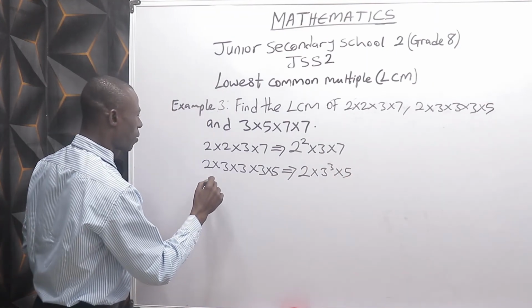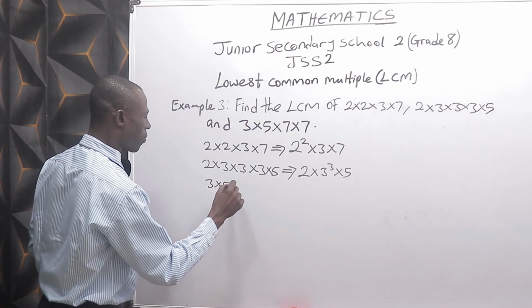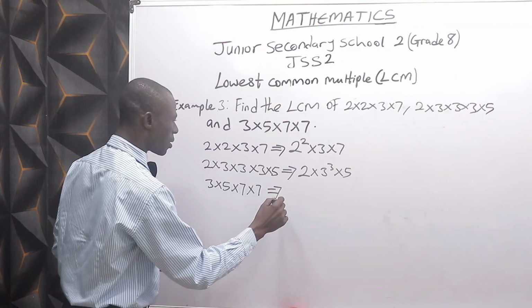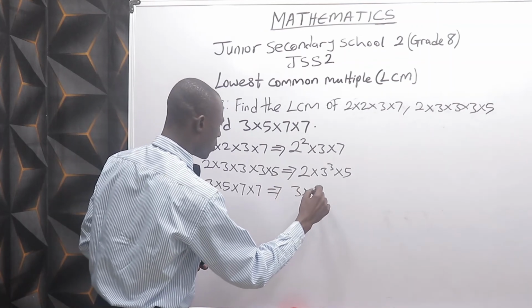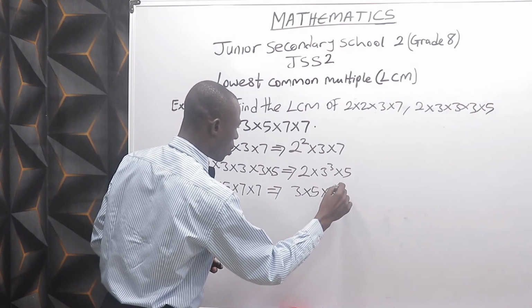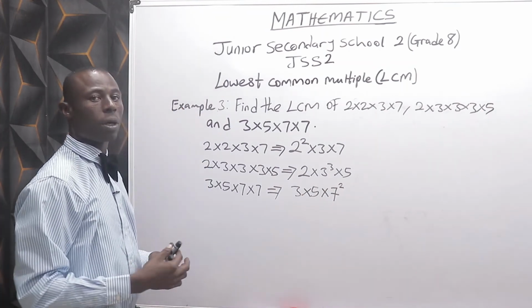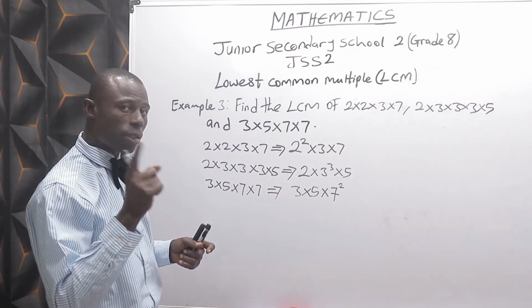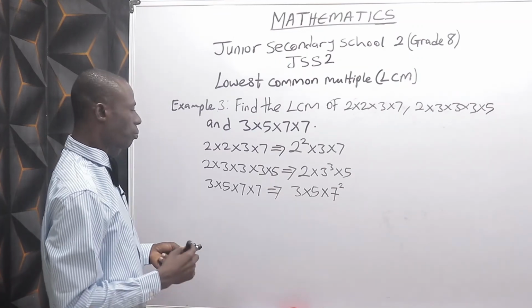And lastly, 3 times 5 times 7 times 7, rewrite it as 3 times 5 times 7 raised to power 2, for easy application of the method I taught you.